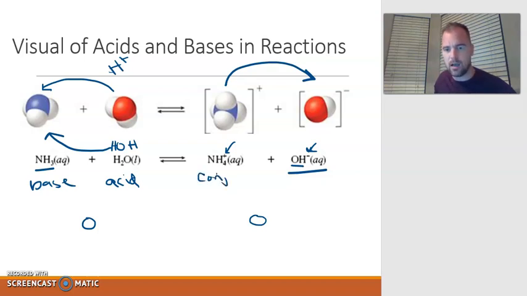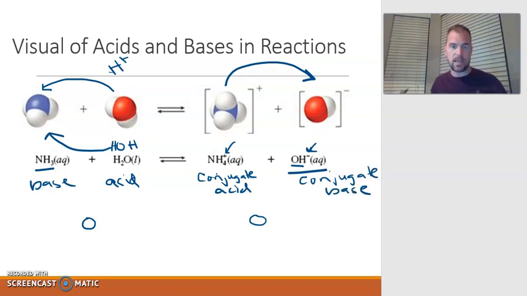We give it the name of a conjugate acid, because it was created. It wasn't the original acid, but it's serving as an acid on the product side. It's the conjugate acid. And hydroxide is acting as the conjugate base because it wants to accept the hydrogen back. So you have those terms, conjugate acid and conjugate base.